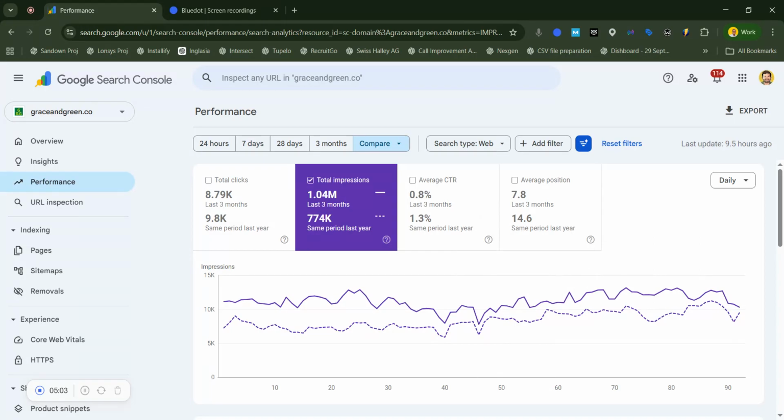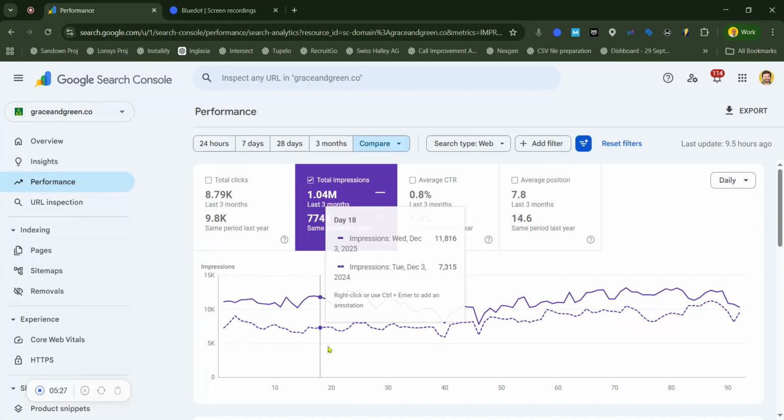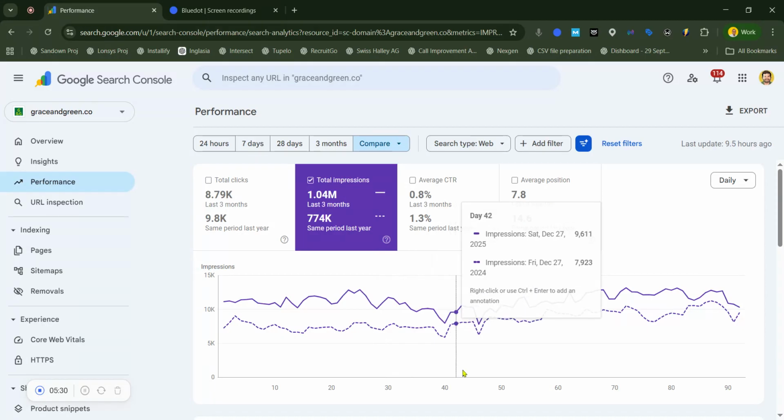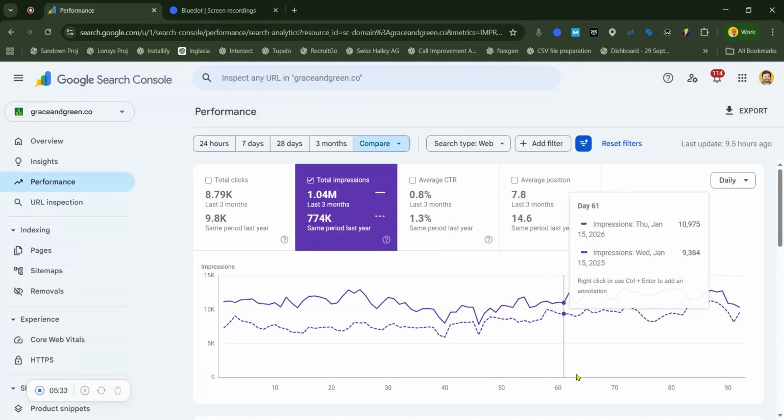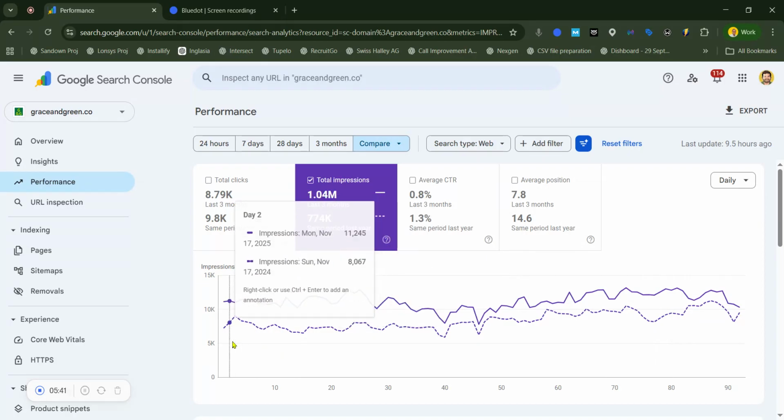There are more factors tied to clicking, such as the quality of the CTA, and optimization of the meta title and meta description can lead to a higher click-through rate last year as opposed to this year. But as you can see, the impression data, the number of people looking at each of these pages, as each day of the month goes on compared to last year's, is nearly identical.